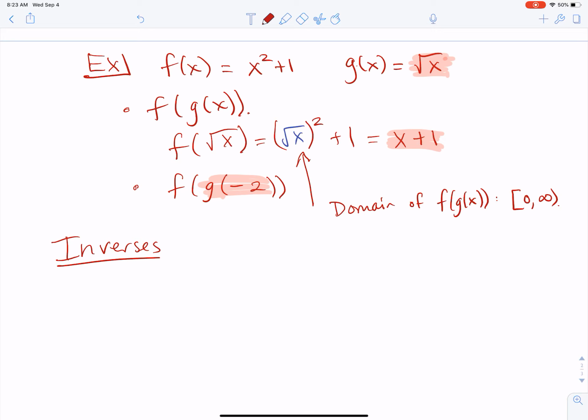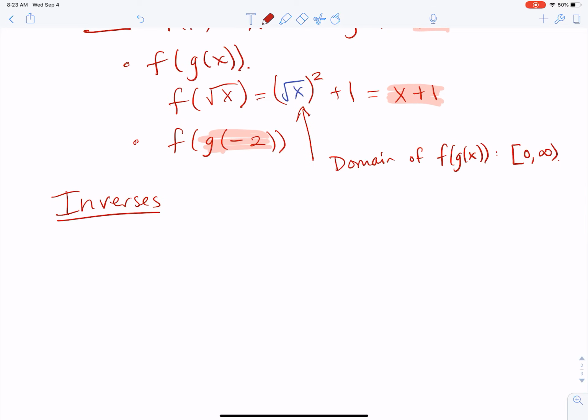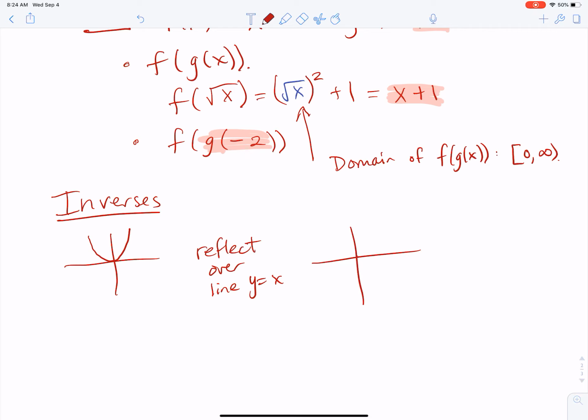All right, inverses is when you have a function like this, we'll say, and then you reflect over the line y equals x. So it would look something like this.